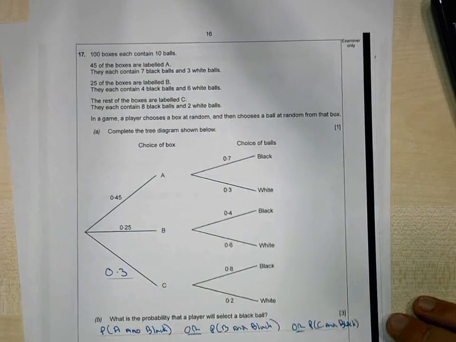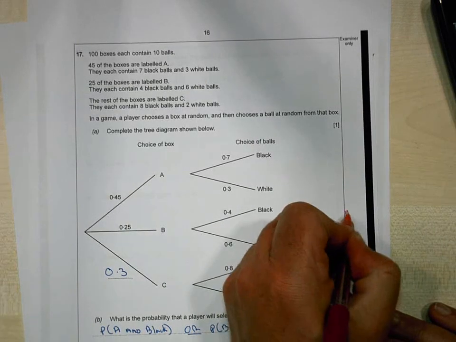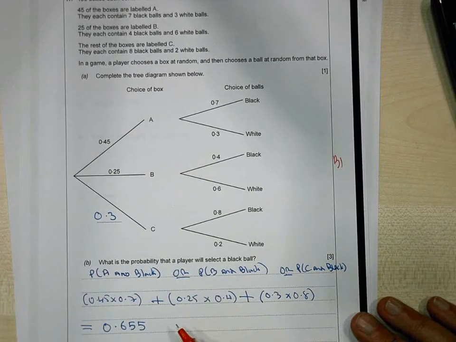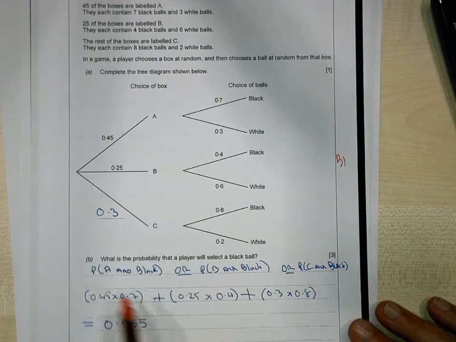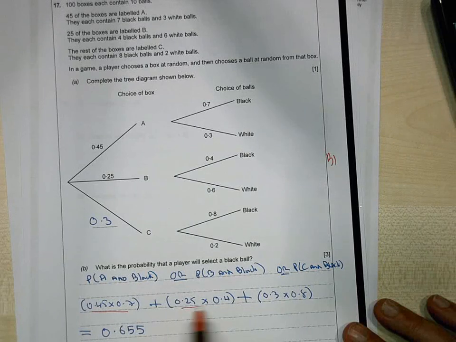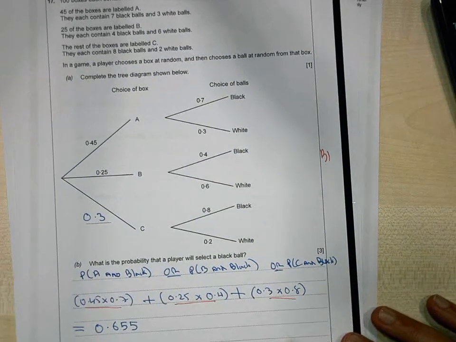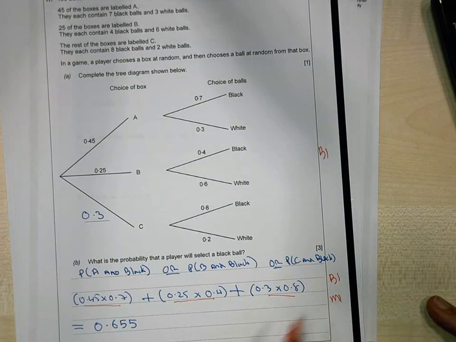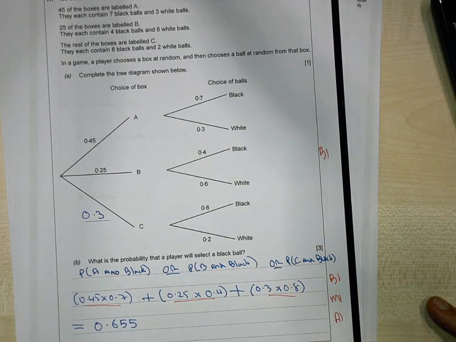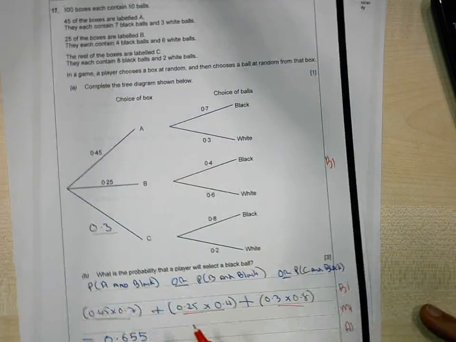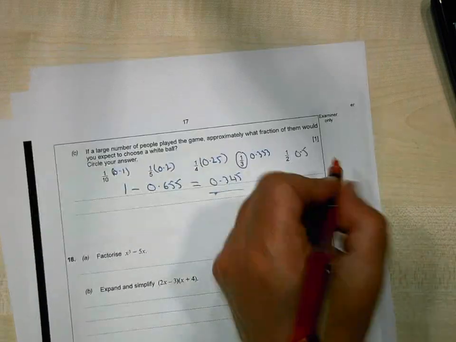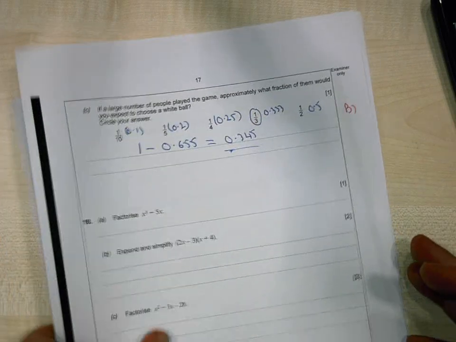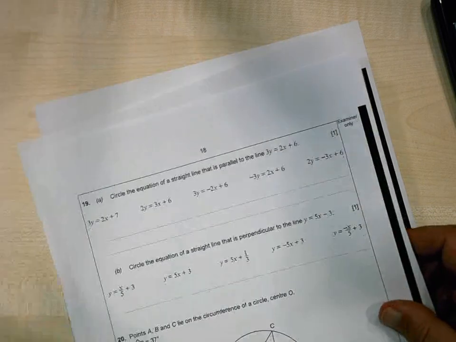So 1 mark for part A, 3 marks for part B. There's 1 mark for any one of those multiplications, and then there's a method mark for adding all 3 together, and an answer mark for the 0.655. And then for part C, there's 1 mark for correctly figuring out that fraction.